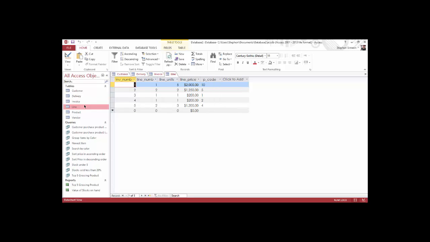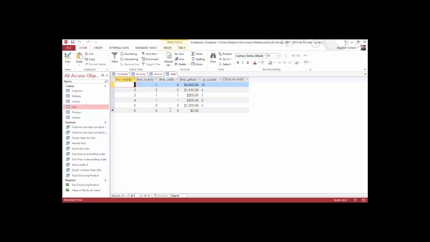And then there's the line table, because I didn't want to have a many-to-many relationship, I created an extra table called line to make it a one-to-many relationship and make everything run smooth.